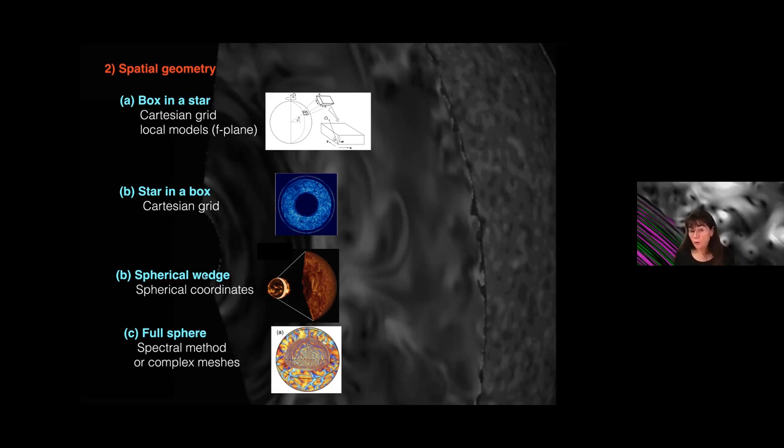You can use spherical wedges using spherical coordinates, or you can use also the full sphere, which is possible with spectral methods, or you have to define complex meshes to avoid the problem at the pole. And this is, for example, what is used in the SLH code, the 7-League Hydro code.